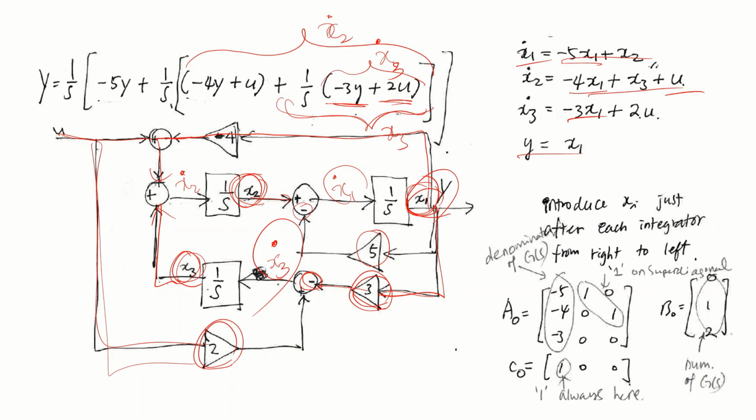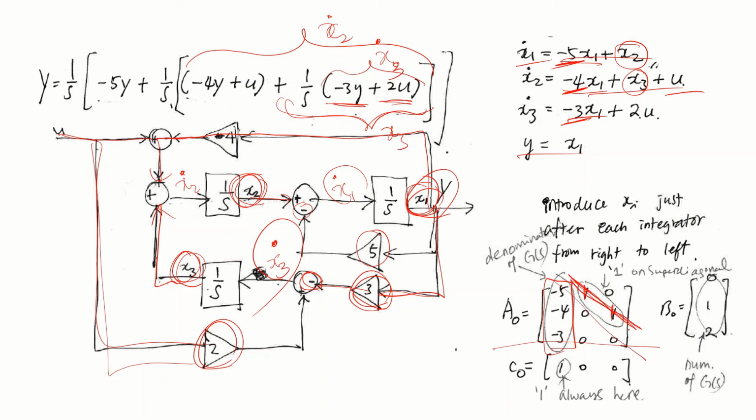Okay, if we put this in matrix form, then you have minus 5, minus 4, minus 3 being multiplied with x1. And so the first column of A would be minus 5, minus 4, minus 3. Now because of x2, x3, you are going to have 1, 1 on the super diagonal.